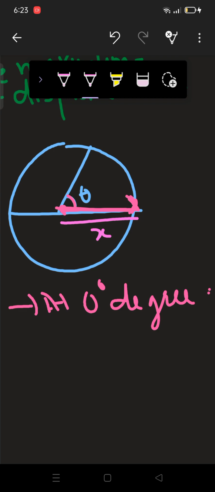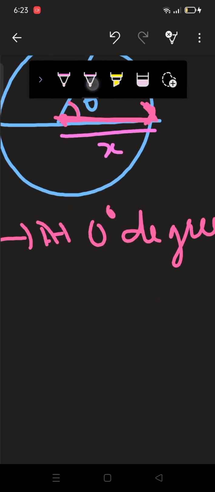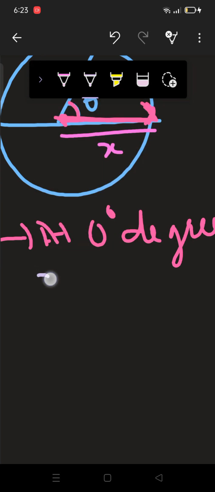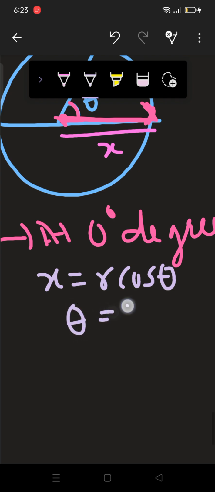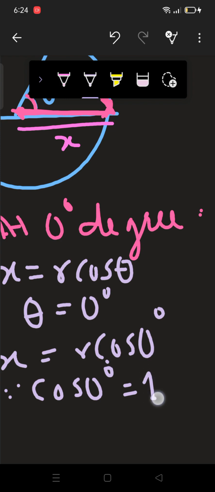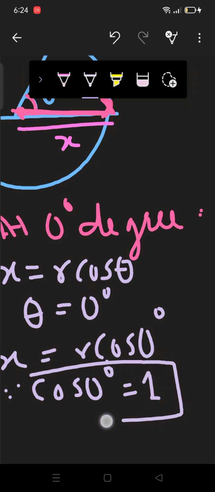Here we're going to have maximum displacement when we have theta equal to 0 degrees. Now see, we have already learned the formula: x = r cos theta. Theta is equal to 0, so x = r cos 0 degrees, and we have already learned that cos 0 degrees is equal to 1.